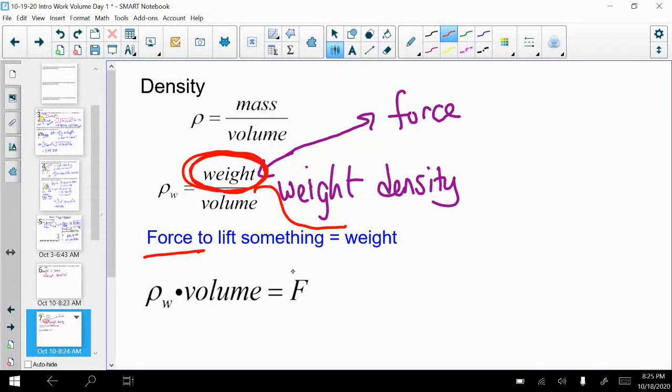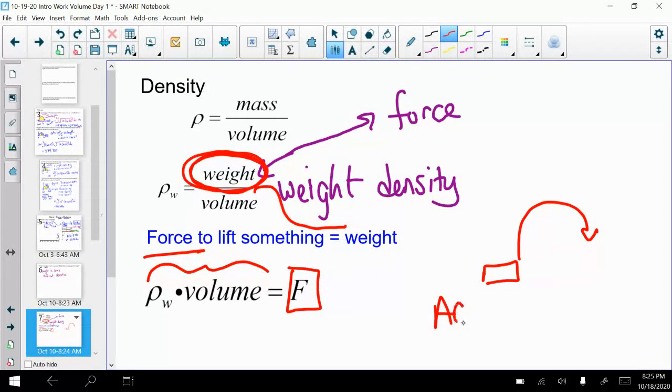And then when I solve this for force, I get that it's my density times my volume. So where we're going with this is we are going to figure out what is my little tiny force that I have and how far do I have to move it. And then we are going to accumulate those expressions. So of course you guys know accumulate by now means integrate.